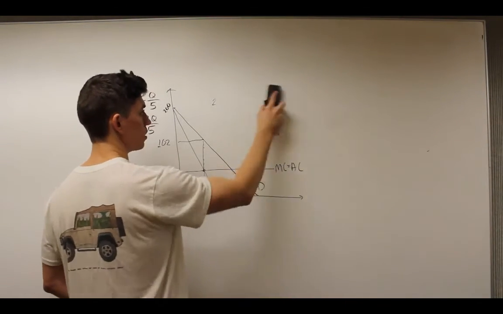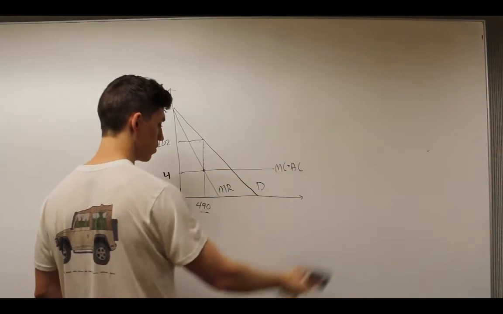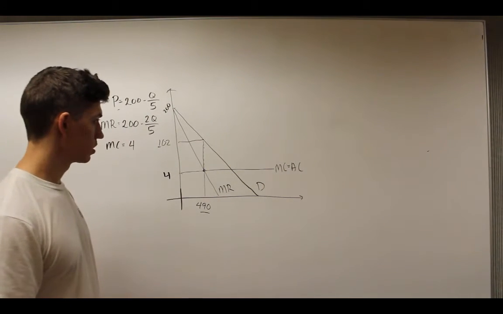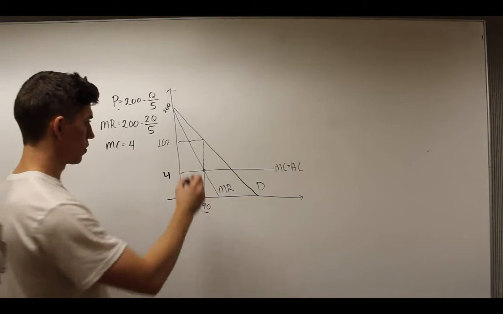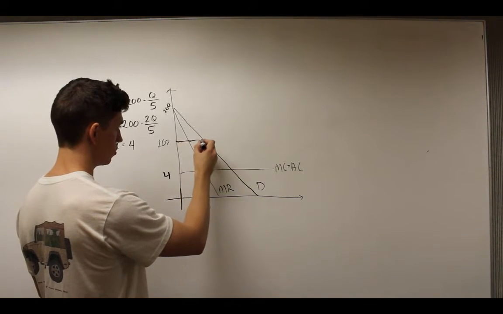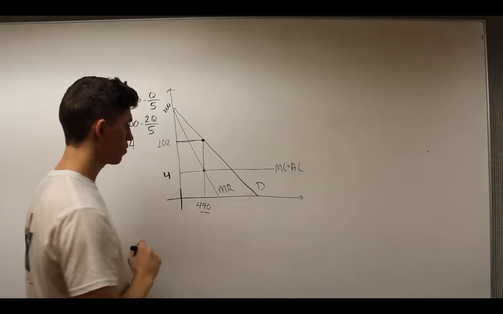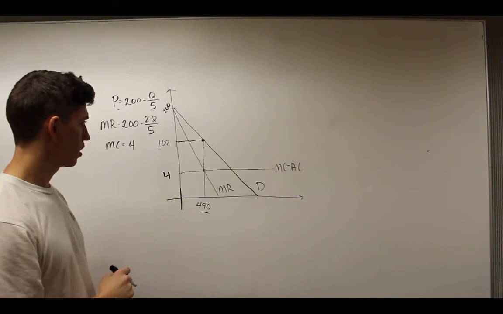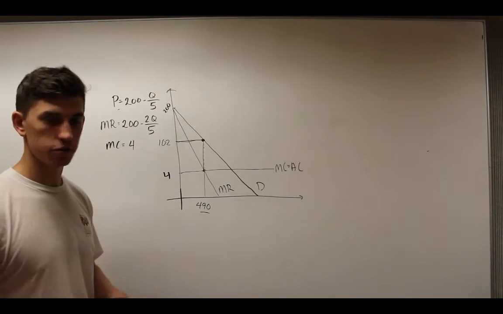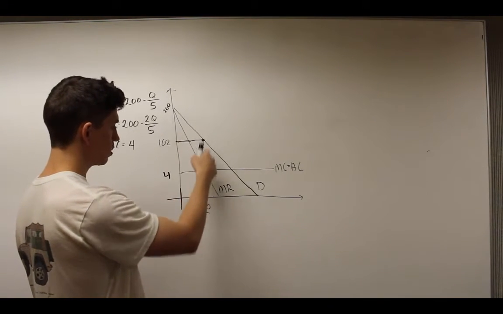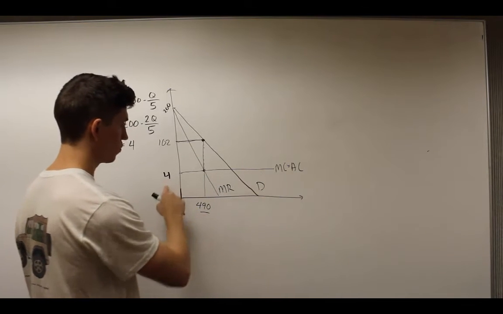Right, okay, so now we can go ahead and calculate what the monopolist profits are. Okay, so we want to know what their revenue is. So for each unit, the revenue that they make when they sell a unit here is $102 because that's the price they charge. And then the cost for each unit is just this average cost, which is 4.